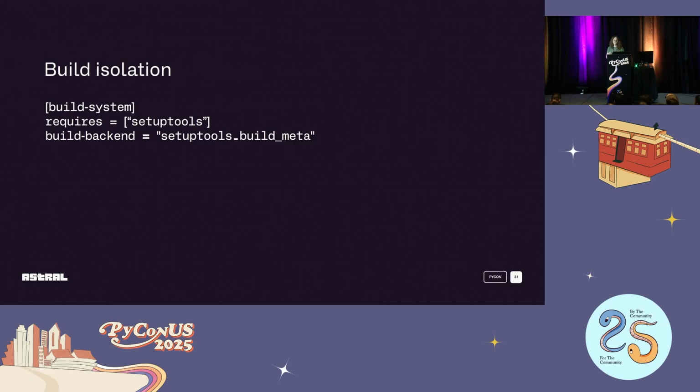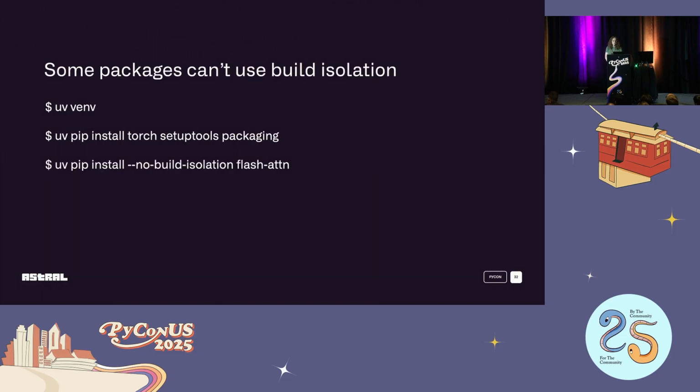This is not the canonical example, I guess, because the big point of these build system declarations is that you can use things other than setuptools, which has been a big step forward for the ecosystem. These virtual environments are created behind the scenes by most package installers these days, and you don't know about it at all. So this is a great success story for hiding virtual environments from users, but there are some limitations.